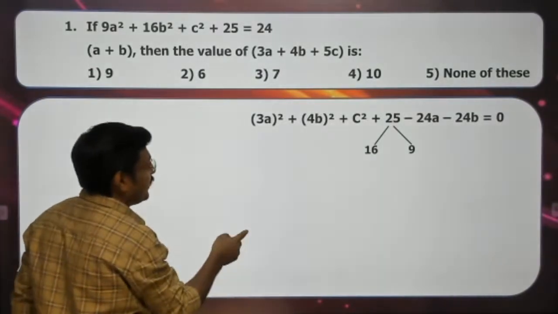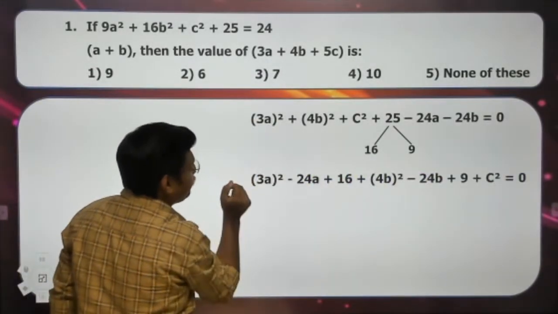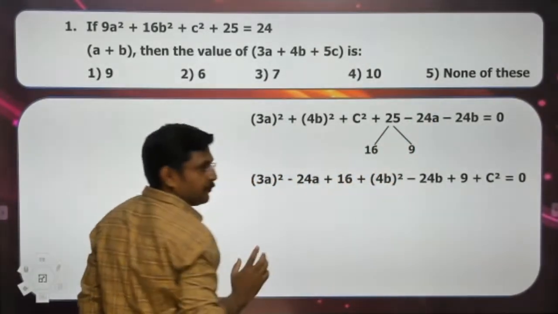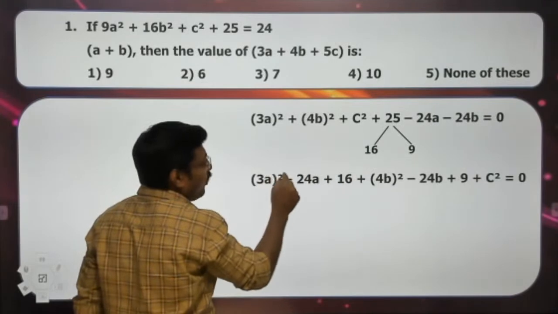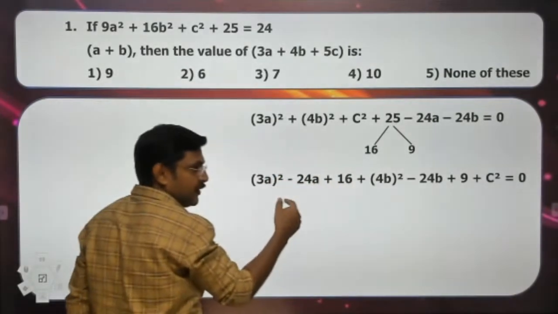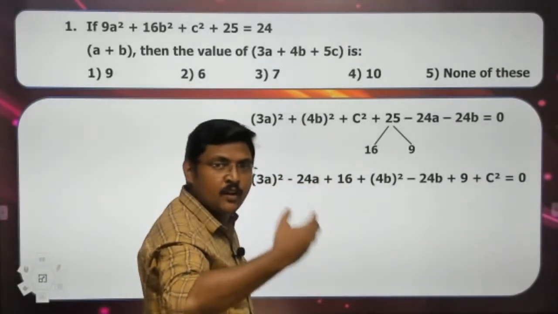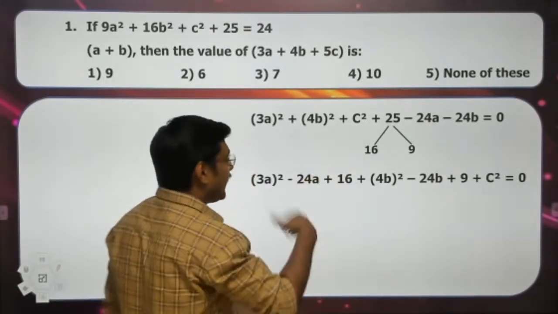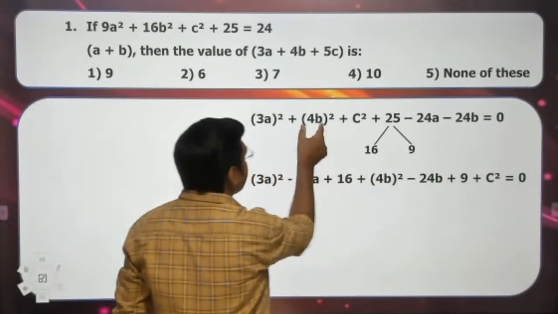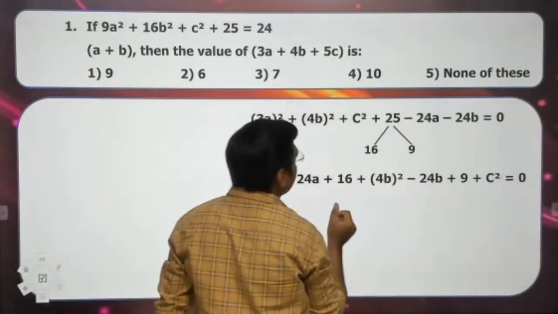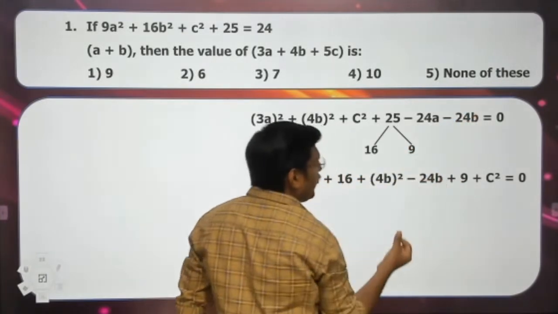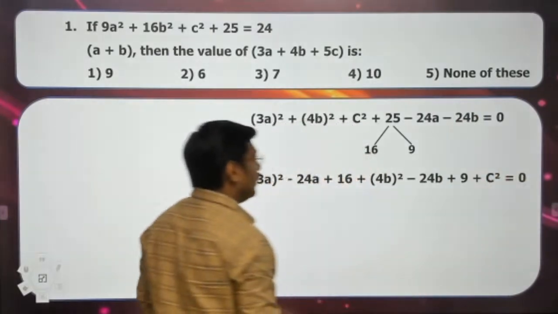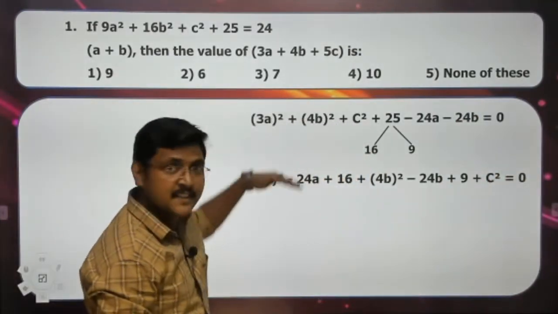Here is 3a square, and I am taking minus 24a here and the 16 here. So it becomes 3a the whole square minus 24a plus 16, in order to make it in the form a plus b or a minus b the whole square. Next, taking the 9 to the next part, I am arranging this as 4b square minus 24b plus 9, plus that additional c square, which is equal to 0. On looking at these two sets, both are the same, right?